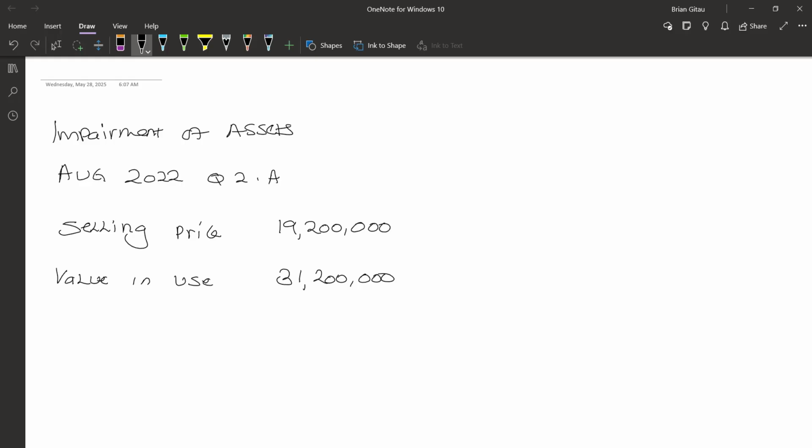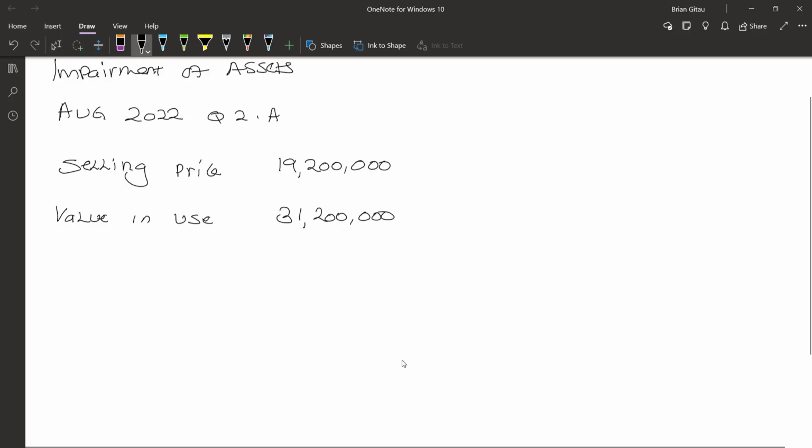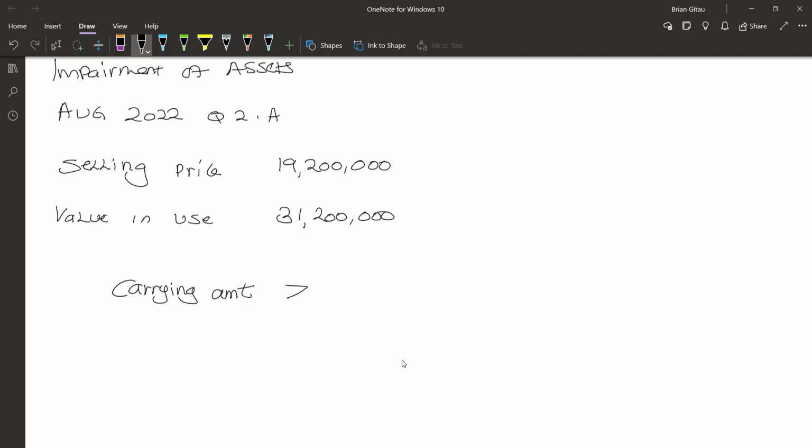But before we even go there, let's have an overview of how we test for impairment. Remember, on our first lesson, we said that we can conclude that an asset has been impaired if the carrying amount is more than the recoverable amount.